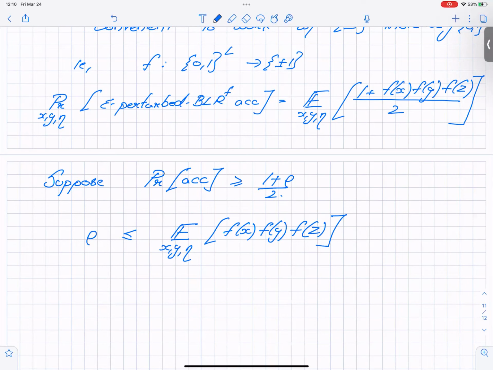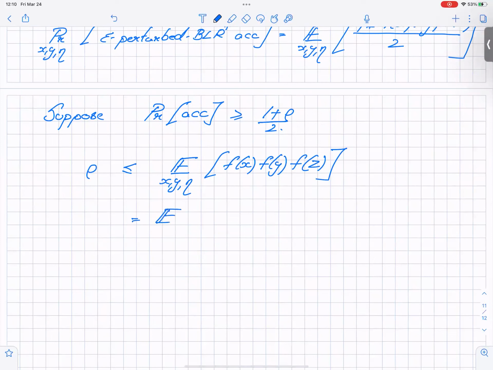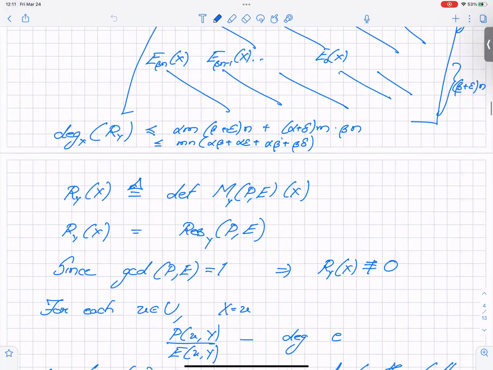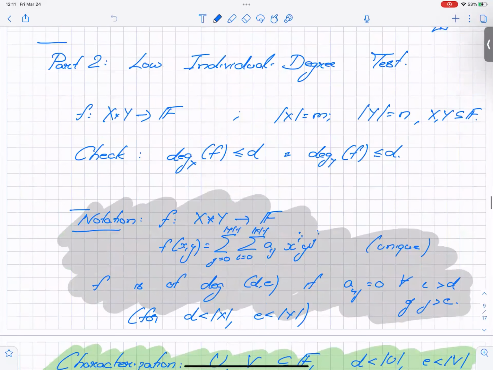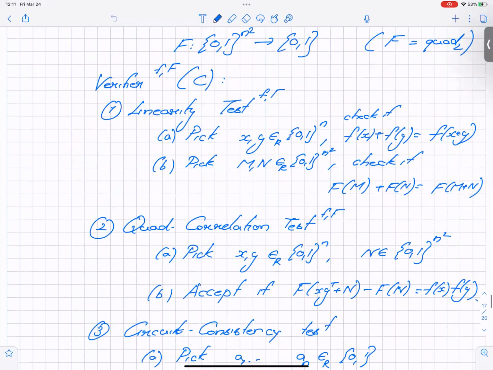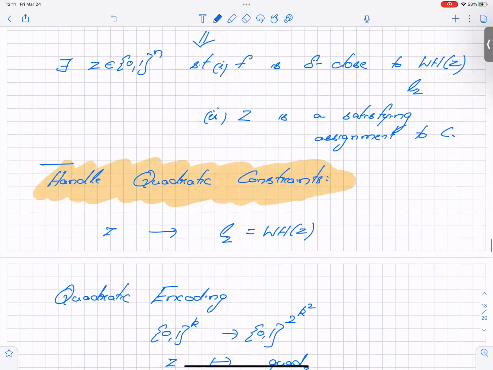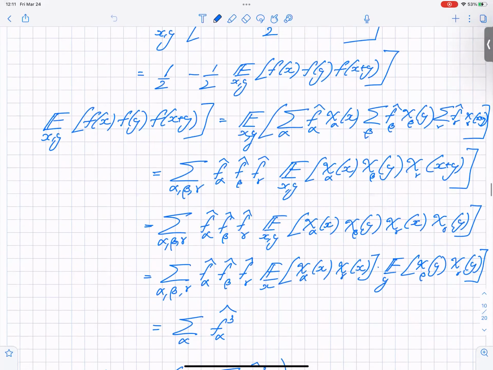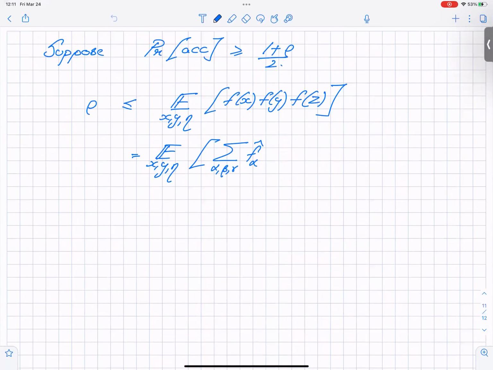Let's do exactly what we did for this one. So this is the expected value over x, y, and eta of the summation over alpha, beta, gamma of f hat alpha, f hat beta, f hat gamma, chi alpha of x, chi beta of y, chi gamma of z.